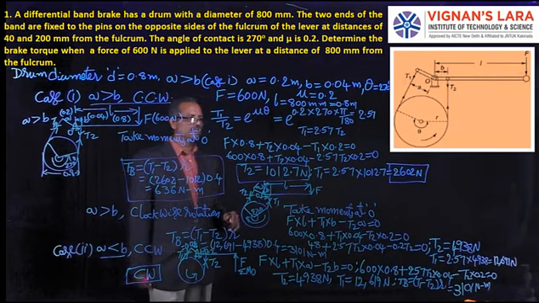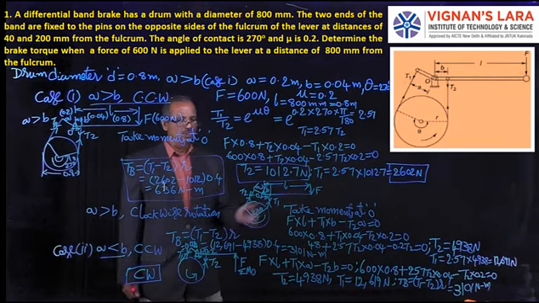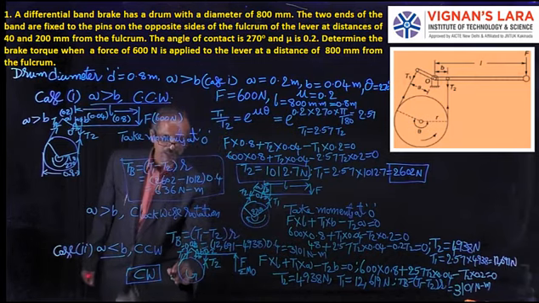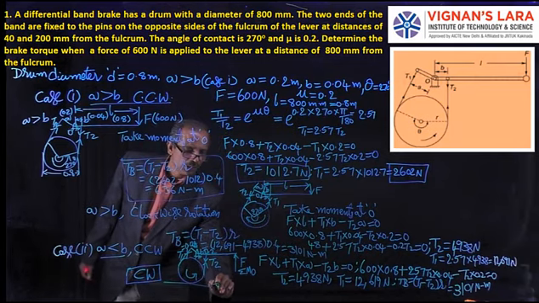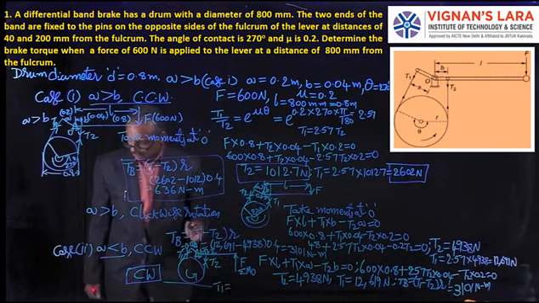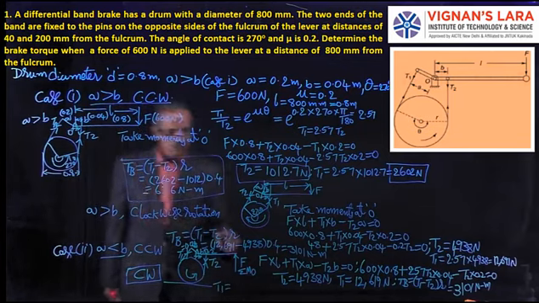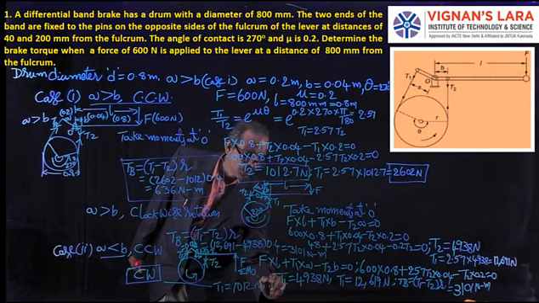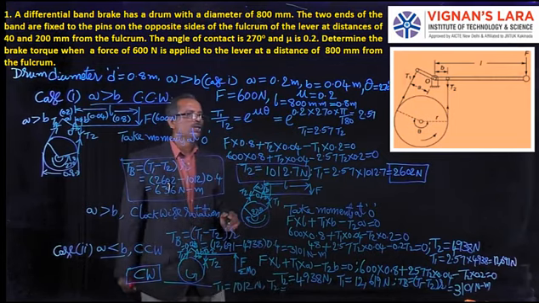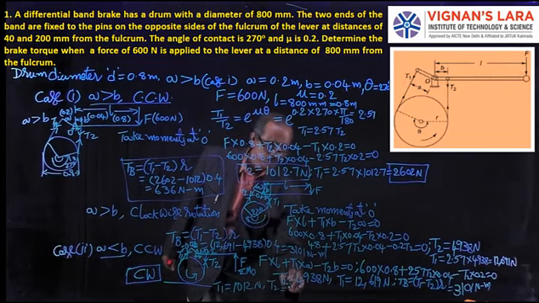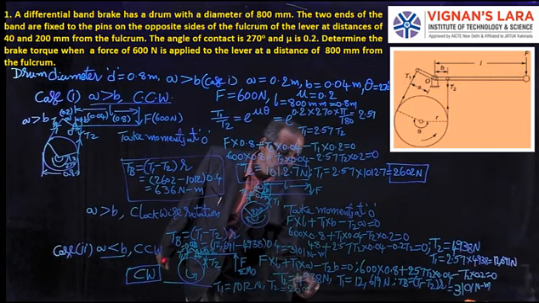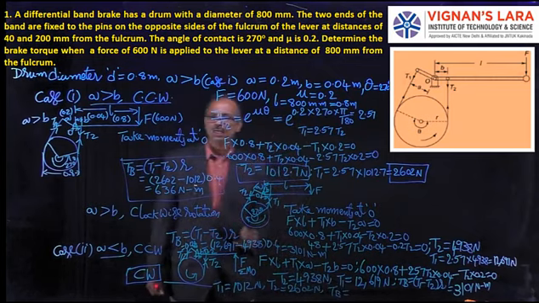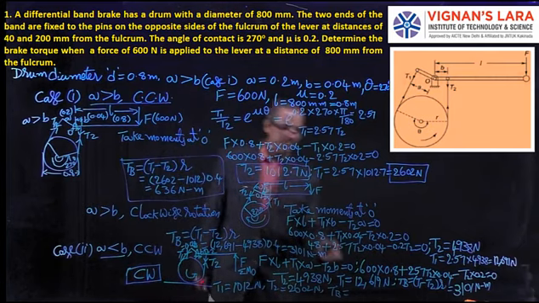If you solve this equation and simplify further, you get T1 is 1012, T2 is 2602, and TB is 636.